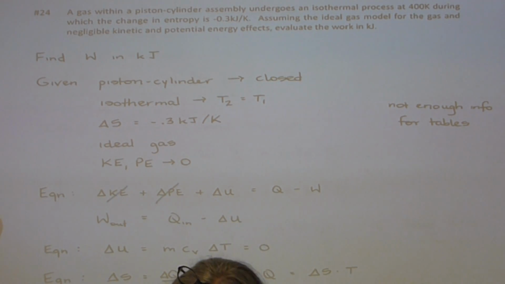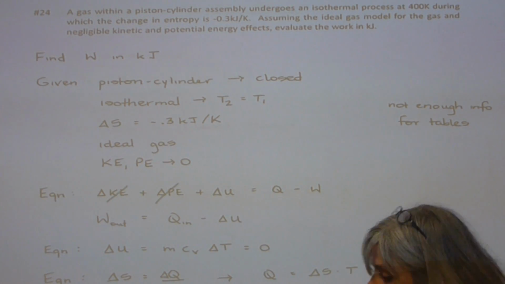So here we're going to have negative 0.3 kilojoule per Kelvin times the temperature, 400 Kelvin. So we get the change in heat is negative 120 kilojoules.